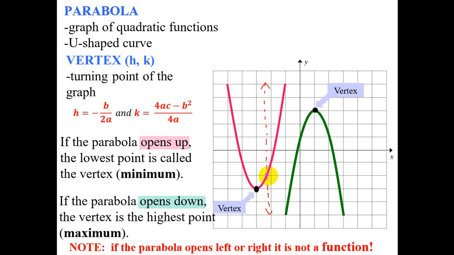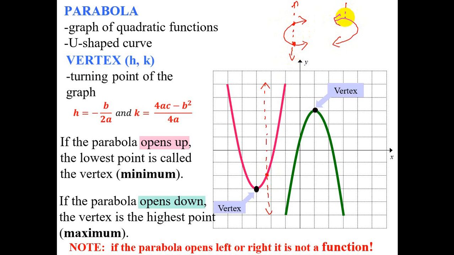Now, how are we going to know if it is not a function? If the parabola opens to the right or opens to the left, as you can see, if we are going to test this graph using the vertical line test, the vertical line touches the graph at two distinct points. So therefore, this is not a quadratic function.